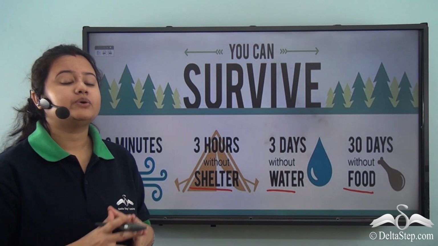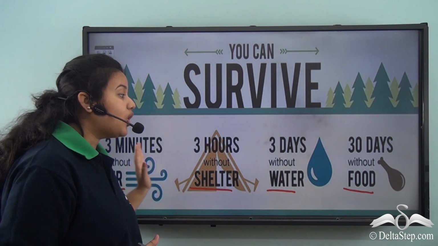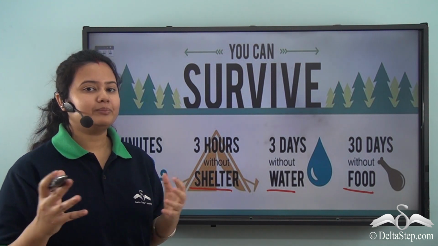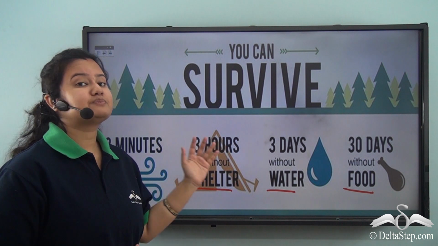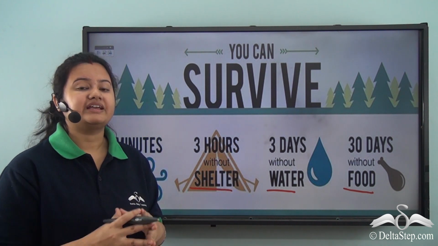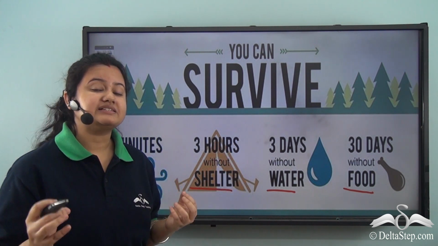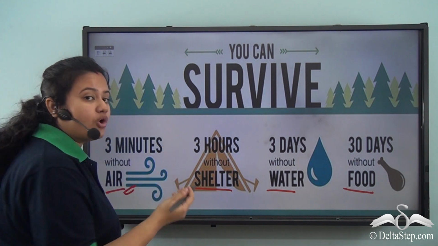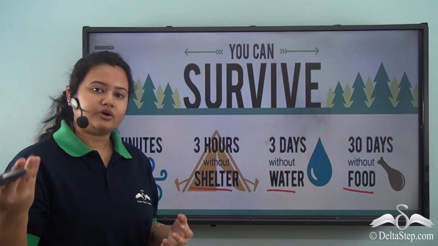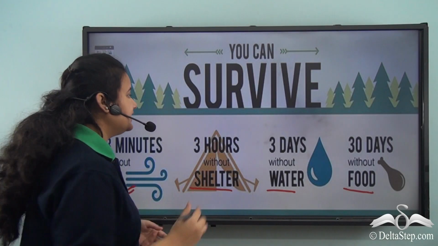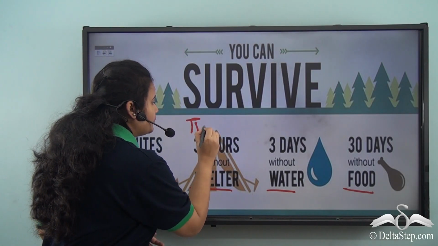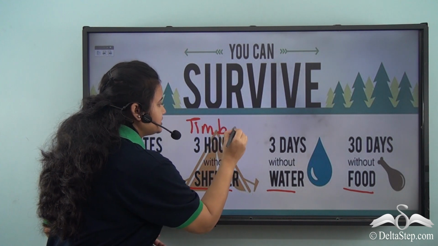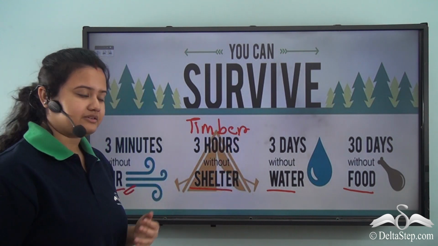Now, let me tell you an interesting fact. All these things are obtained directly or indirectly from plants. Yes, plants provide us with the basic things that we require for our existence or survival. That is, the air or oxygen that we breathe in comes from plants. Again, the timber that is required for building our shelter or homes comes from plants.